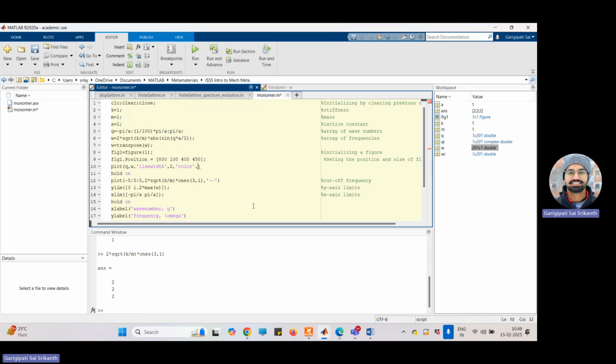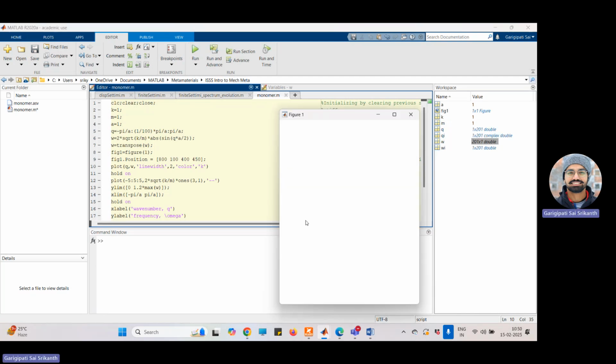And basically, you can use this format of property name, property value, property name, and then we'll write property value. So let's say I want black. K. K is black.